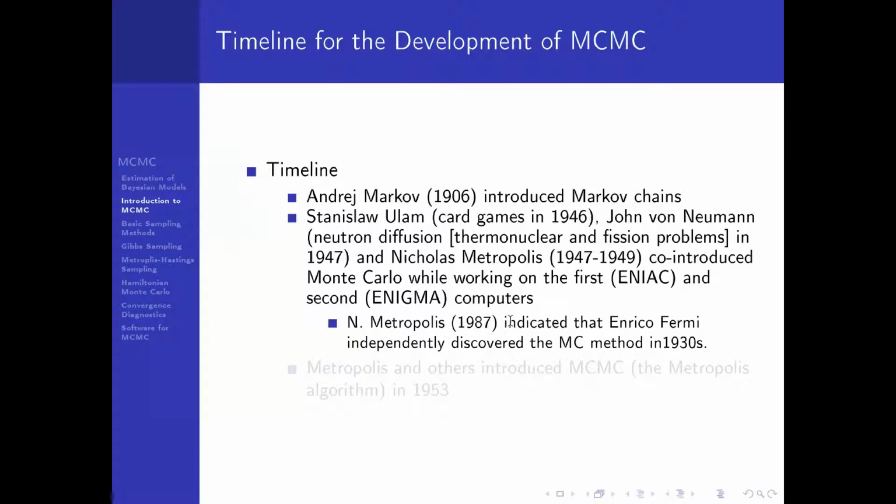In a piece to commemorate Stanislaw Ulam, Nicholas Metropolis, in 1987, in a collection of articles to commemorate Ulam, indicated that probably Enrico Fermi, Italian-American physicist and also Nobel laureate in physics, independently discovered the Monte Carlo method in the 1930s.